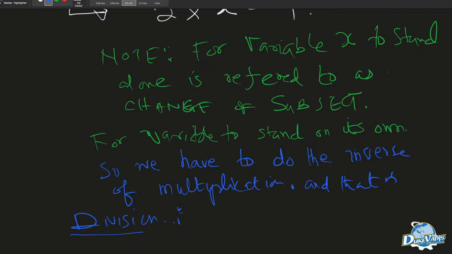Since 2 is multiplying x, if we want x to stand alone, we have to do a division. But bear in mind that 2 multiplying x is equal to 4.